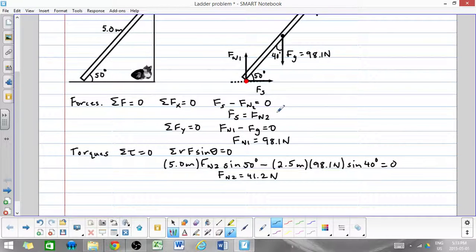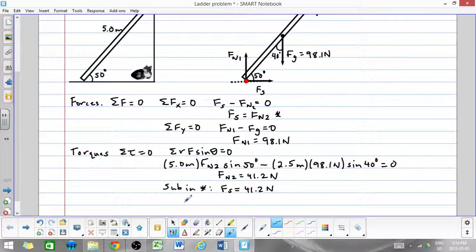And if we go back to where we were dealing with the x components of the forces, if we substitute Fn2 in that statement, then we'll see that the static friction force is also 41.2 newtons.